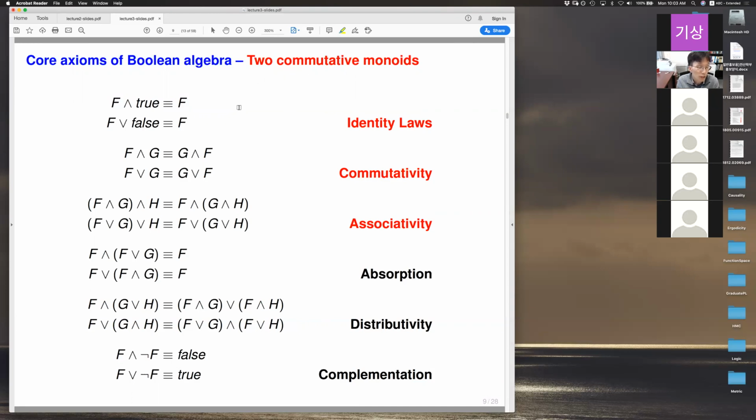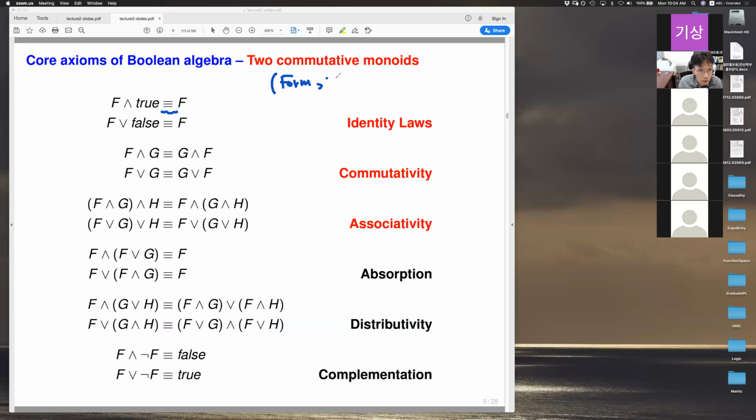In this case, these three rules say we have a commutative monoid. If you regard this equivalence as equality, then these three rules say we have a commutative monoid over the set of propositional logic formulas.